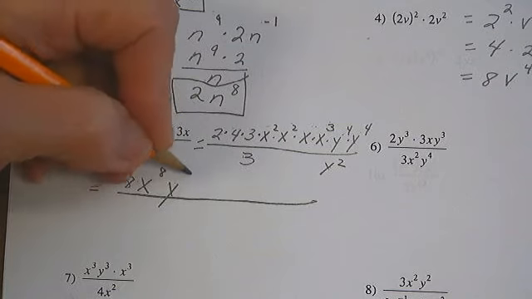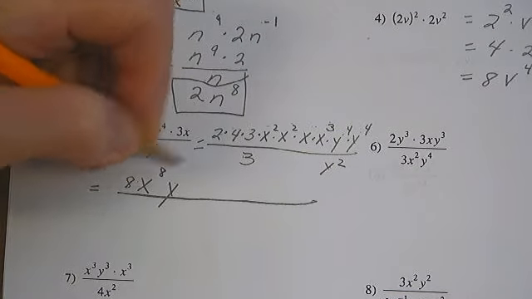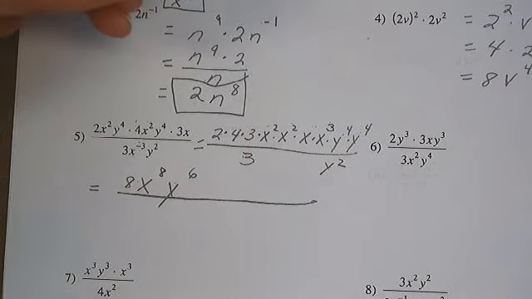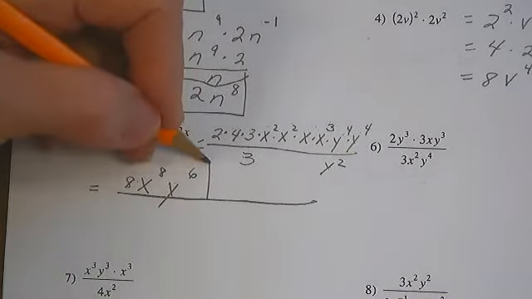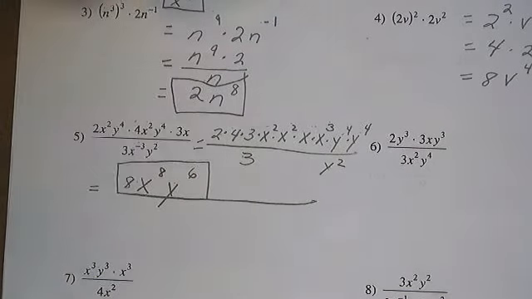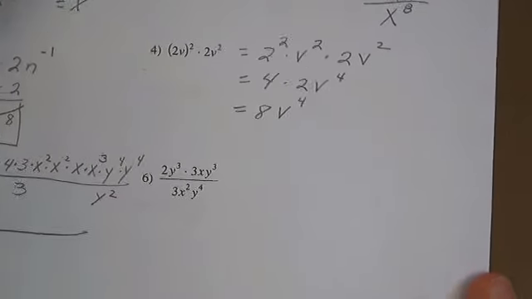So my final answer is 8x to the 8th, y to the 6th. My denominator is 1, but I don't really need that. There's my answer. If we're careful and show plenty of work, we're in good shape.